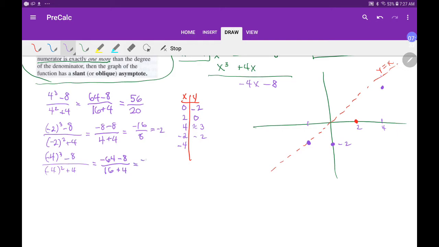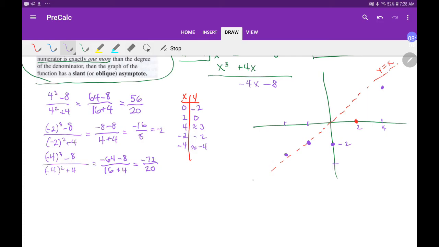So we get -72 over 20. And, you know, it's not 4, but it's pretty close to -4. So, you know, we're graphing. We're not trying too hard here. You know, within reason. So if that's -4, then we'll say we're there, but not quite, huh? We're on this side of the line. We're not quite that negative.